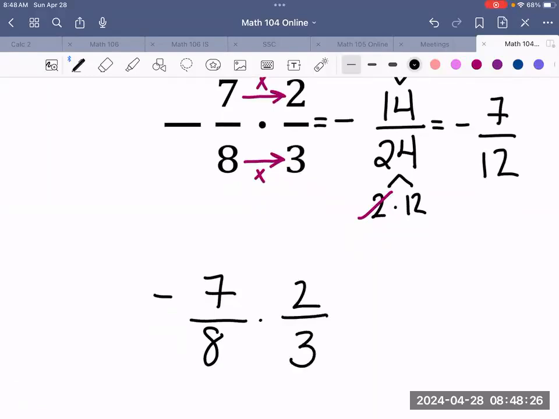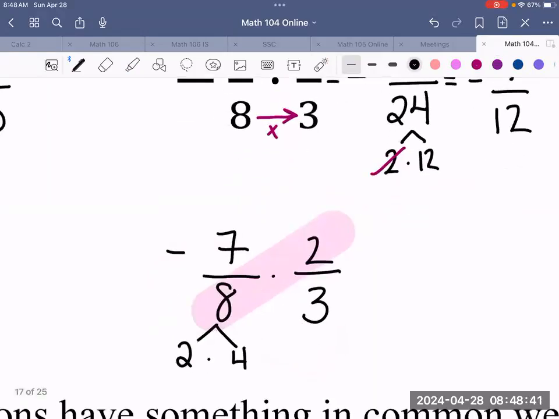Okay, so do 7 and 3 have anything in common? No, but 8 and 2 certainly do. 8 has 2 times 4, which we can then cancel out those 2's, and that 4 is left behind.